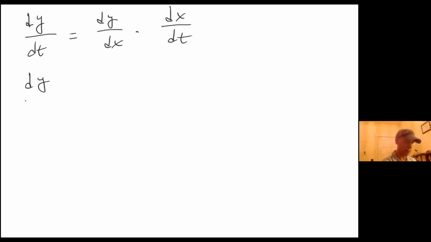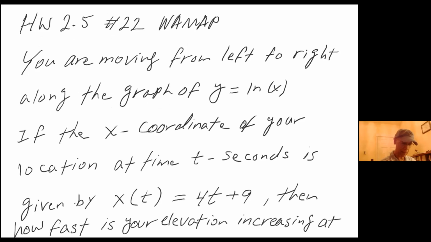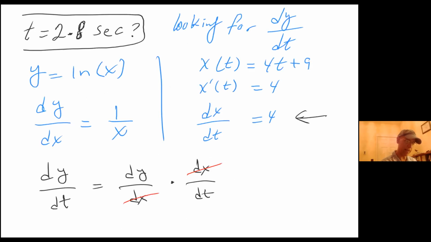So dy dt equals, we said dy dx was 1 over x, and x at t equals 2.8 is 4 times 2.8 plus 9. Remember, this was given to us on the previous page: x as a function of time equals 4 times t plus 9, and here we had t equals 2.8.